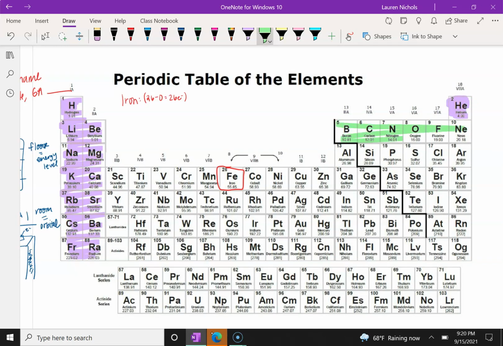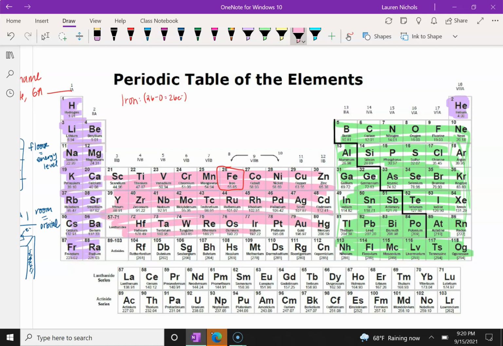We've got our P sublevel here, which I'm not going to take the time to fully color in. We've got our D sublevel in the center. And remember, for the D sublevel, we always subtract 1 energy level. Okay? So we have S, P, and D.